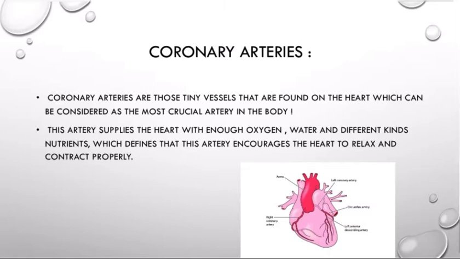Coronary arteries are those tiny vessels that are found on the heart, which can be considered as the most crucial artery in the body. So don't forget this. This artery supplies the heart with enough oxygen, water, and different kinds of nutrients, which means this artery encourages the heart to relax and contract properly.